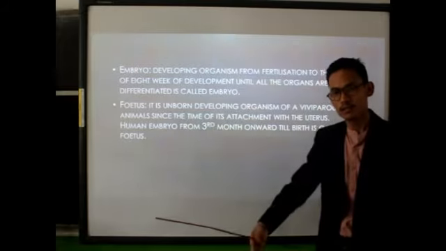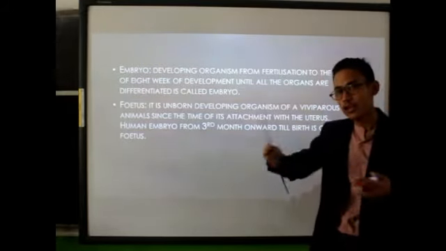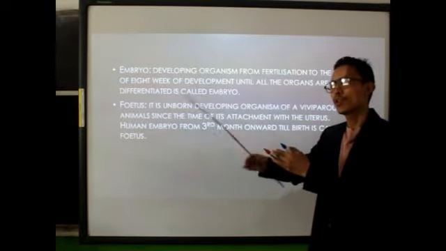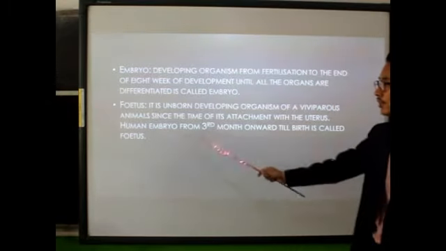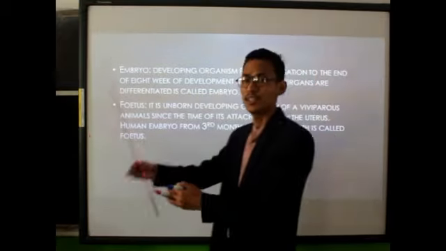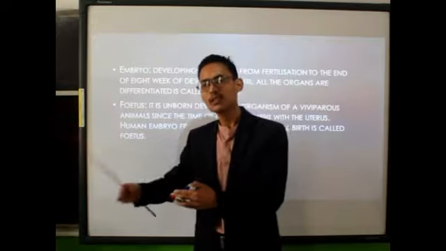After implantation, when there is organ differentiation, gastrulation, and formation of the 3 embryonic germ layers, that is known as the fetus. From the 3rd month onwards till birth is known as the fetus.